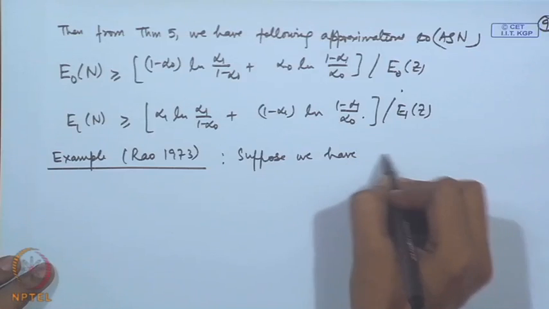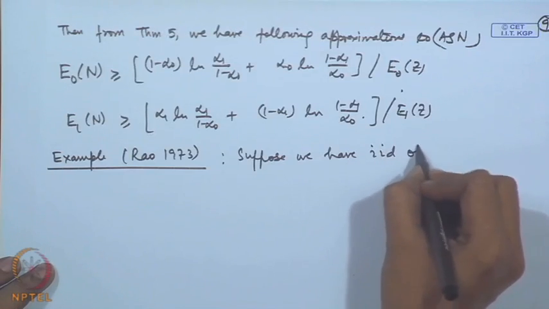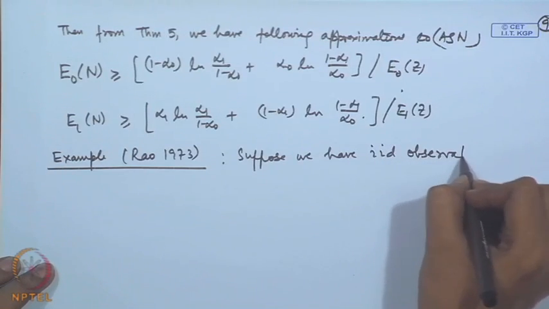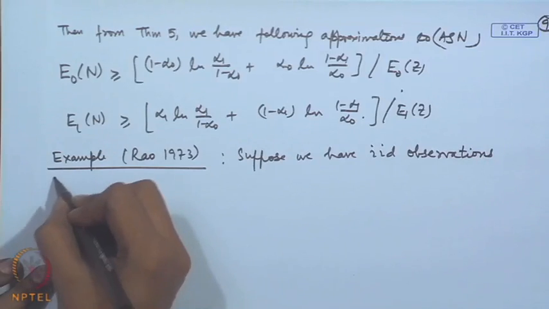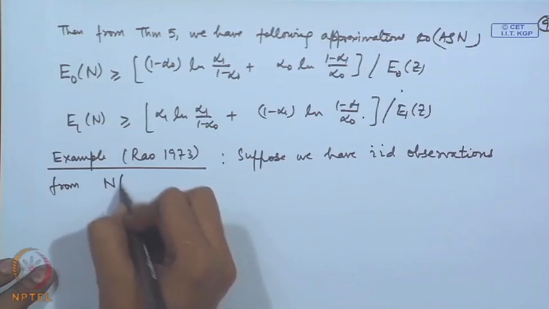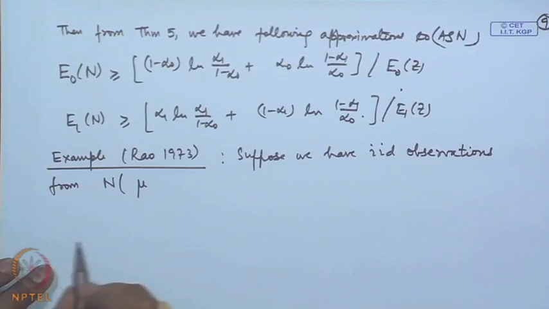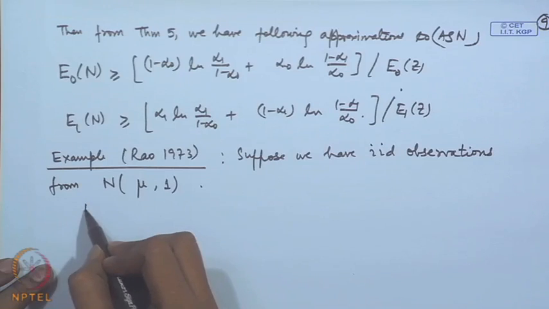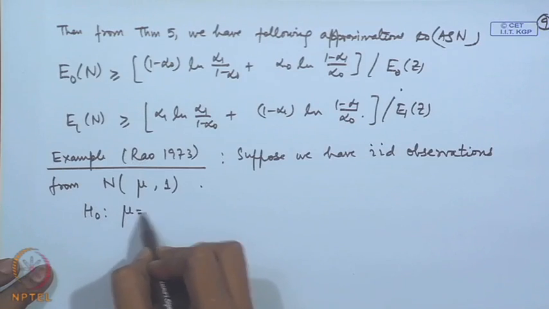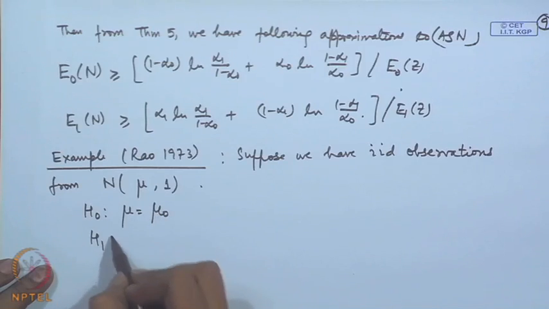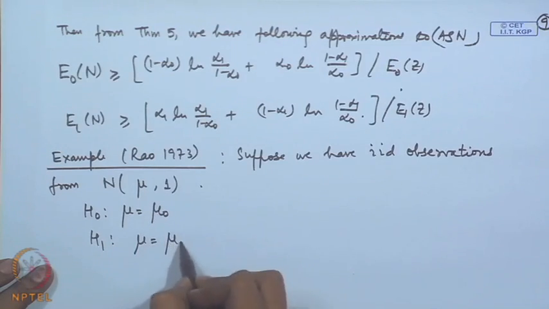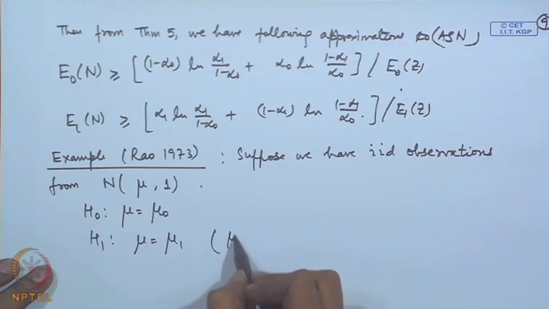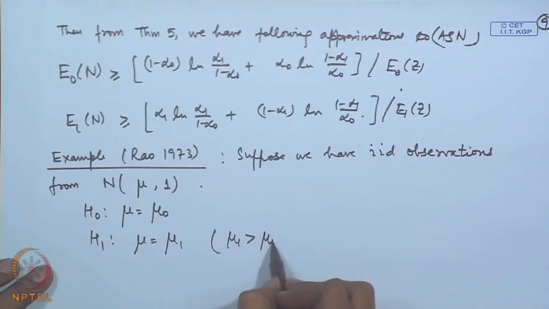Suppose we have IID observations from a normal distribution with parameters mu, and for convenience I am taking the variance to be unity, that means variance is known. So, we are considering the testing of hypothesis problem mu is equal to mu naught against mu is equal to mu 1, and we are assuming that this mu 1 is actually greater than mu naught.